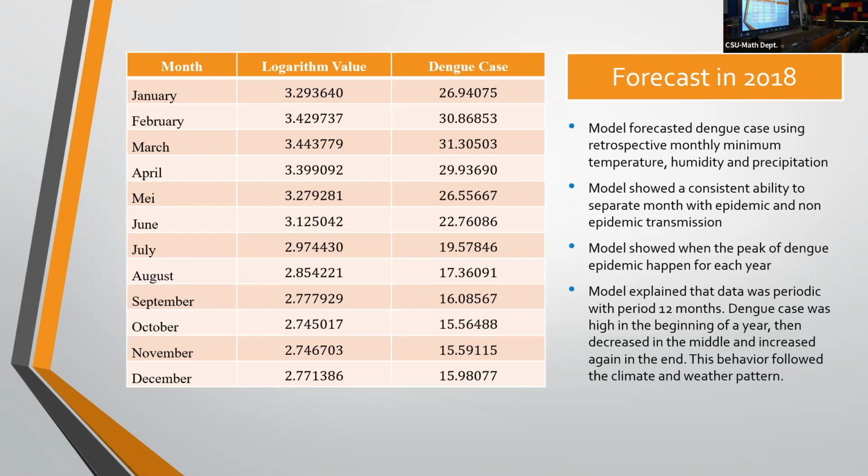Dengue cases were high at the beginning of a year, then decreased in the middle, and increased again at the end. So this is the pattern of Malang data. This behavior followed the climate and weather pattern for Malang city.